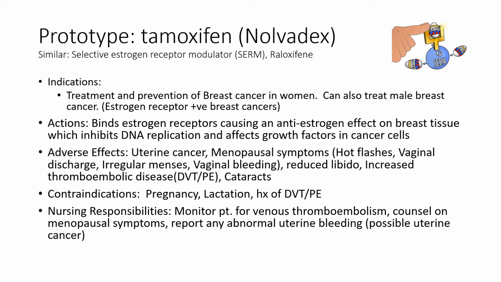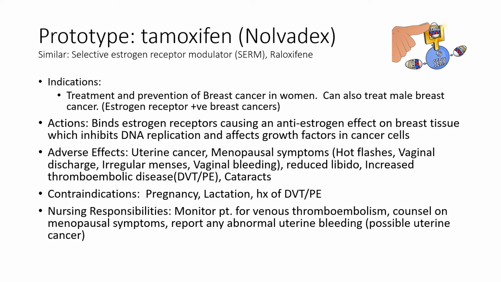Another part of the body that is affected, not in a positive way, is the vascular system. There's an increased thromboembolic risk, so increased chances of DVTs and PEs, because tamoxifen acts on the blood in a different way as well.